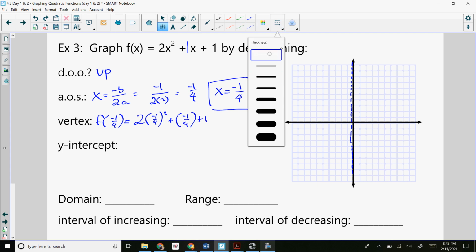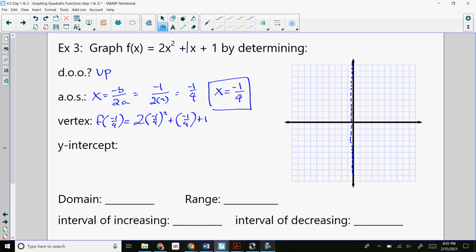Okay, so this is going to turn out maybe a little bit interesting, but we can work through the fractions. Negative 1/4 squared is positive 1/16. And 2 times positive 1/16 is 2/16, or that would simplify to be 1/8. So I'm going to replace this with 1/8. Plus a negative 1/4 is minus 1/4 plus 1.